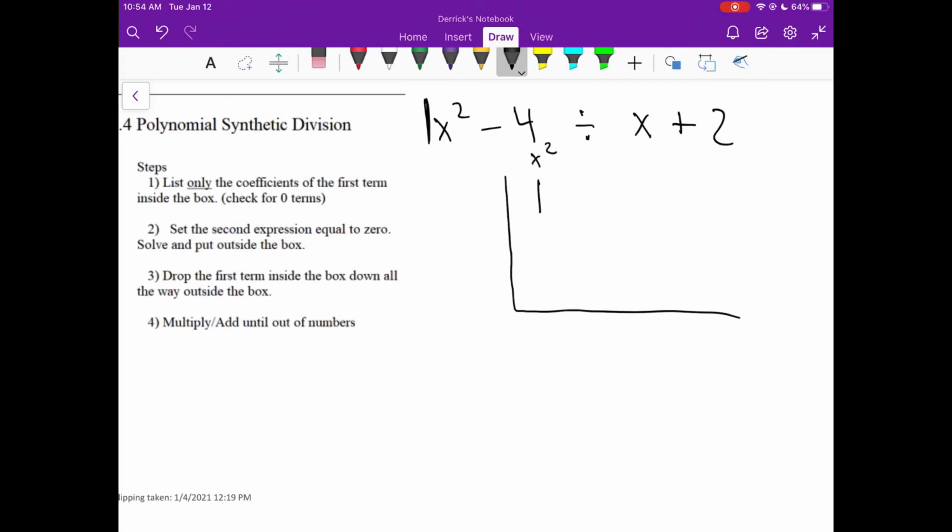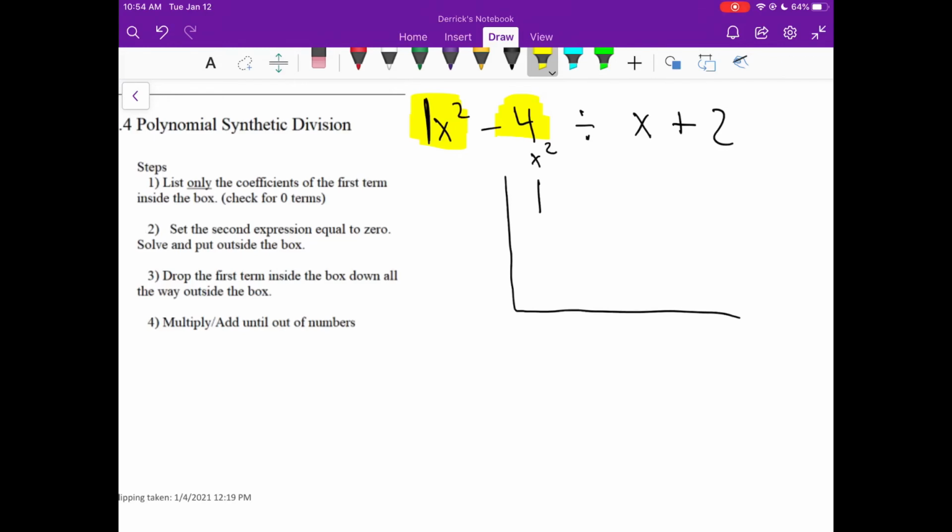That's a 1 in front of there. But we don't get to immediately go to negative 4 as our other number to write inside the box. If you have any missing terms, you have to put 0 placeholders in for those, meaning notice that we go from x squared straight to just a constant, just the negative 4.